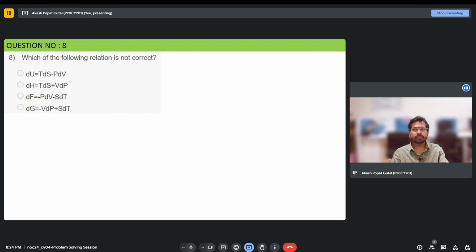Question number 8: which of the following relations is not correct? We have seen the four relations, and we have to find out the incorrect relation.